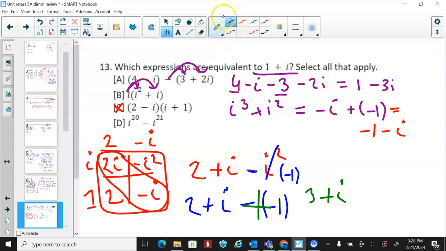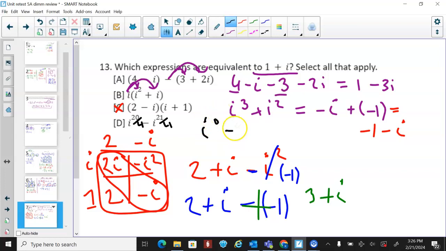you guys are going to divide 20 by 4 and 21 by 4. When you divide 20 by 4, obviously you get a whole number, which is 5. So we are going to get 5, with a remainder of 0, so we're going to replace it with i to the 0 power.